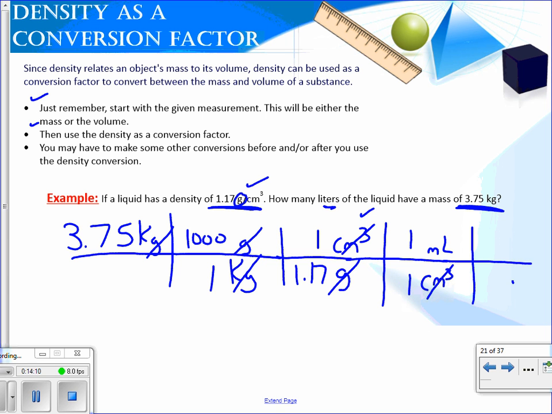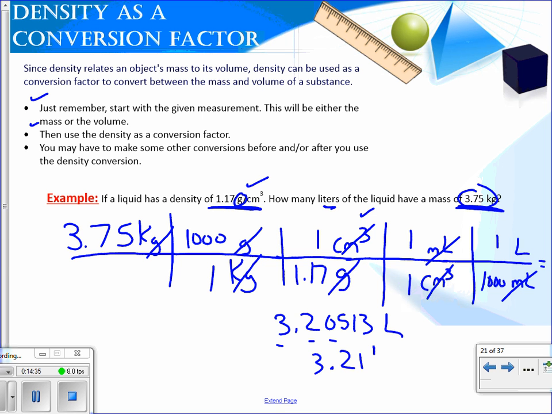And so now we can say 1 liter equals 1,000 milliliters. So now we're in liters, and when we do that, we get 3.20513 liters, and with 3 sig figs that would be 3.21 liters.